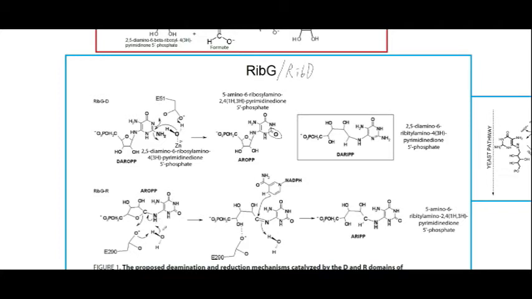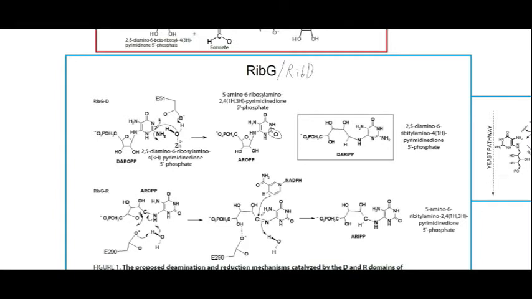The point is that this nitrogen here is being deprotonated, and so the electrons are jumping down there to create a double bond there, and then the electrons from this bond here are going and grabbing that hydrogen back off of the glutamate 290, and it's breaking this bond right here.